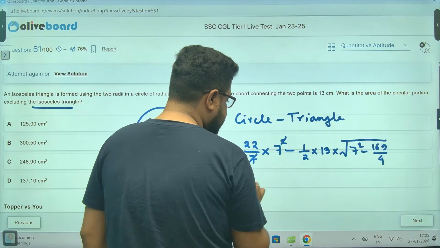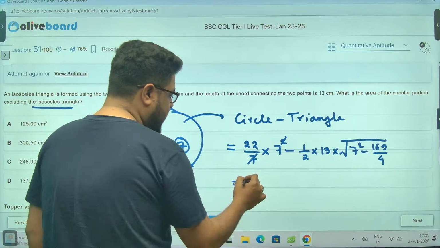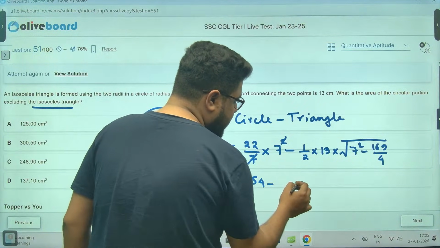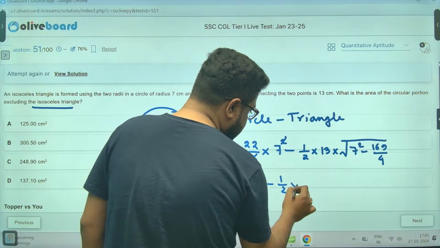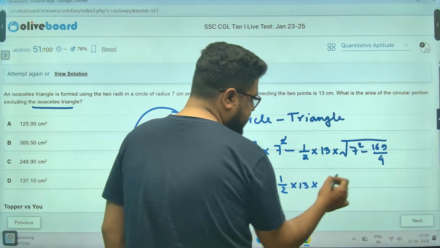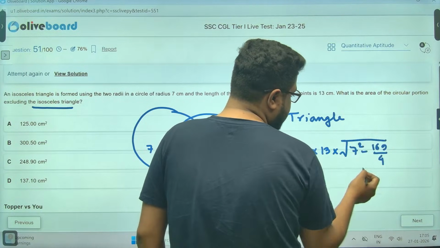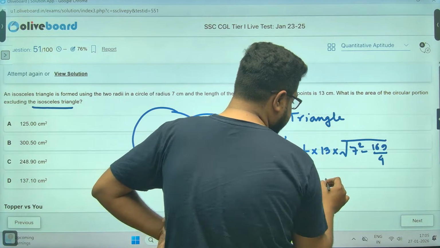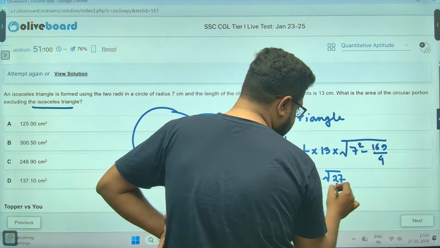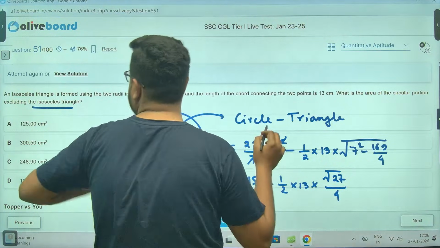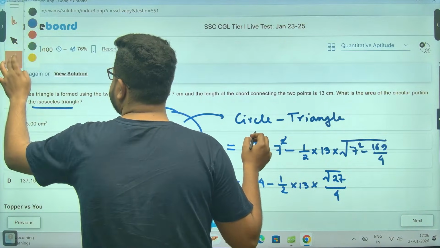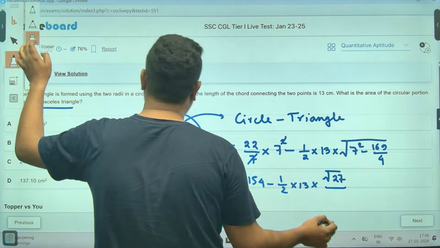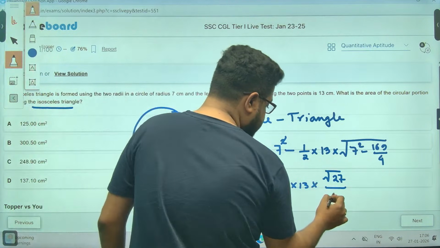Just calculate this. 22 into 7 is 154, minus 1 by 2 into 13 into root of 49 minus 169 by 4, which is 196 minus 169, 27, so root 27 by 4, by 2, sorry, extremely sorry. This will be by 2 because of the square root.